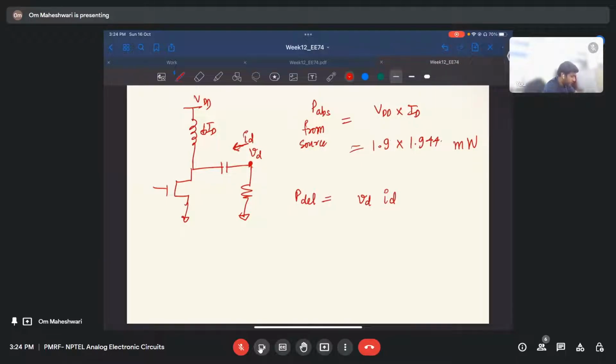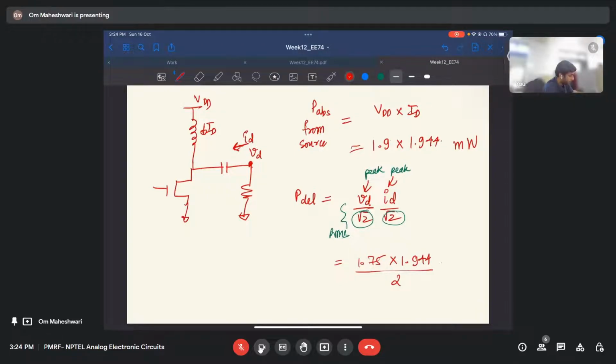Since VD and ID are AC quantities, we take their RMS, so divide by root 2 each. These are the peak values, right? So by taking root 2, we have taken their RMS. VD was 1.75 into ID was 1.944, divided by 2 milliwatt.